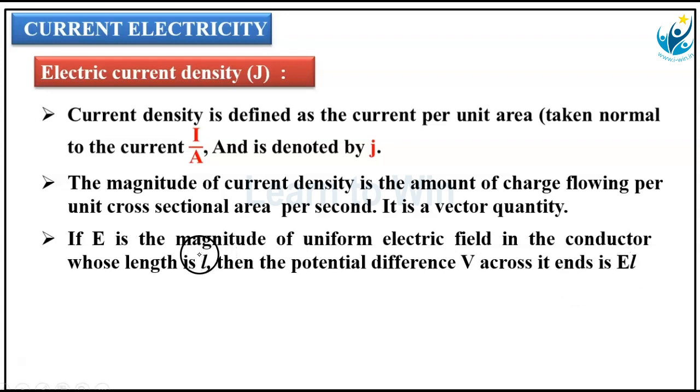Here D is the length of the conductor, that is L. Means applied potential difference V equals E into L. Now, the potential difference is equal to EL, which is equal to current density into rho into L. Here, L gets cancelled. Then, E is equal to J rho.